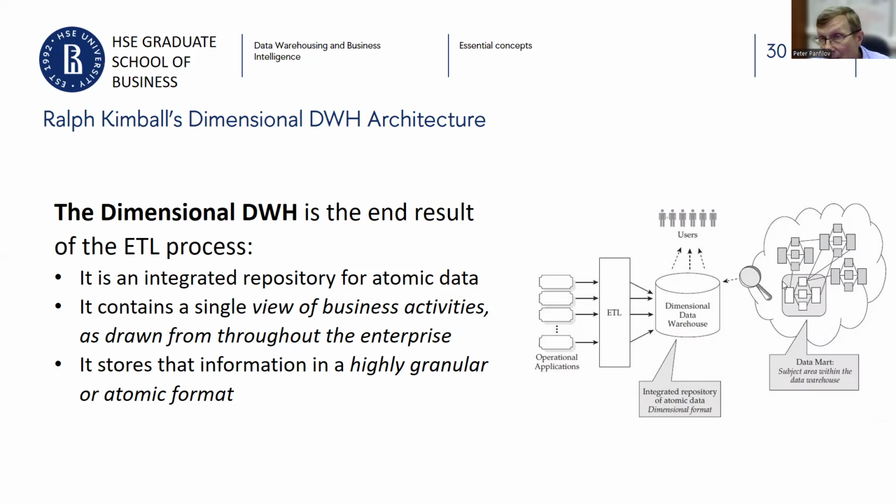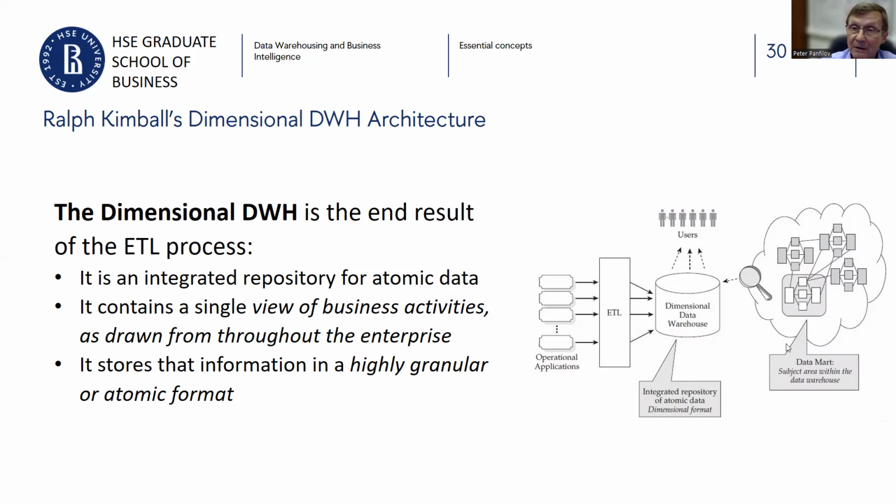So this gray box in this cloud represents just one data mart, a subject area within the data warehouse. And you can get access to this data mart directly from your BI application. This is something like an advantage. And this gray box in the cloud is what we usually call a star schema.